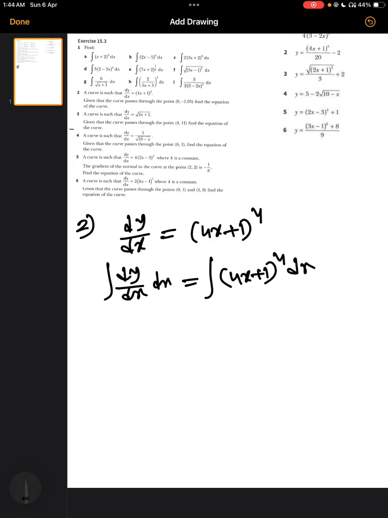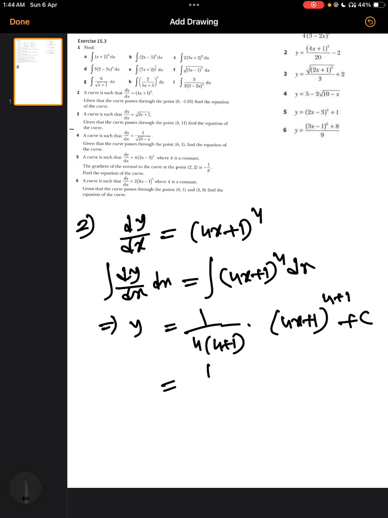So here it would be y, and here it would be 1 over a, which is 4, and n is 4 plus 1. Now (4x plus 1) to the power 4 plus 1, which is 5, right? So 1 over 20 times (4x plus 1) to the power 5 plus c.